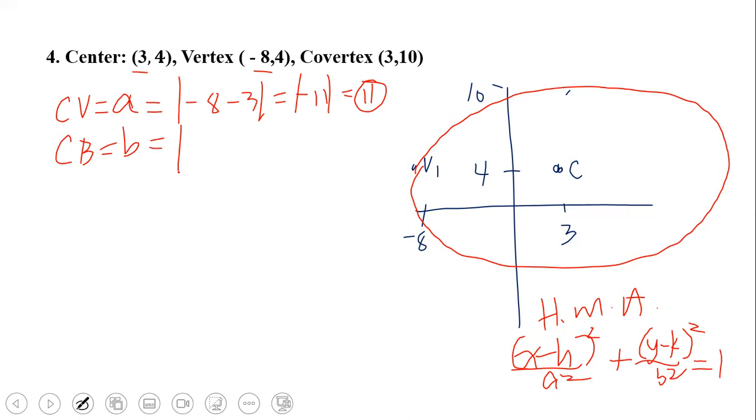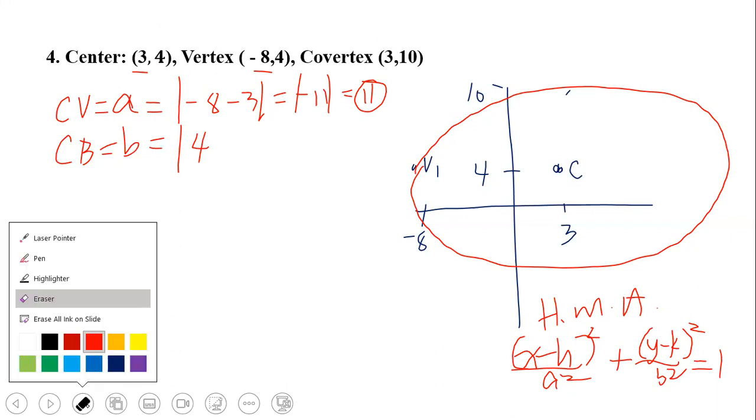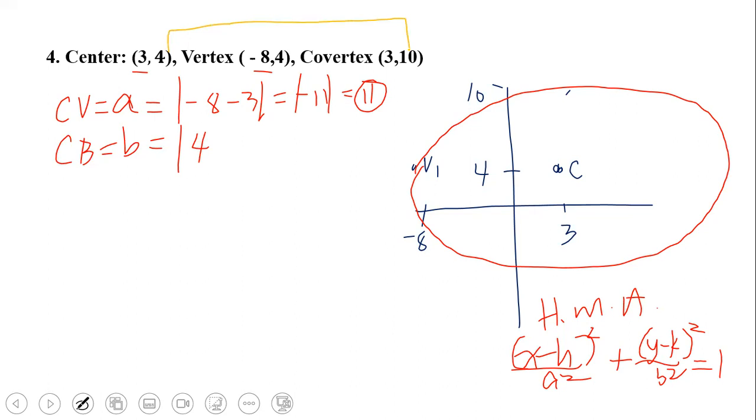The changing coordinate is the y, so you also have 4 and 10. So 4 minus 10 is equal to negative 6, which is 6.